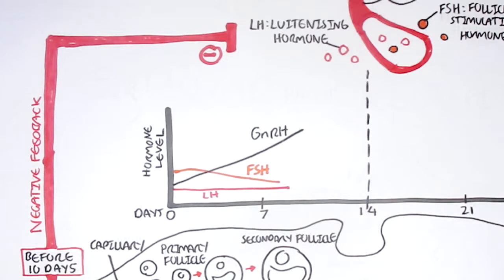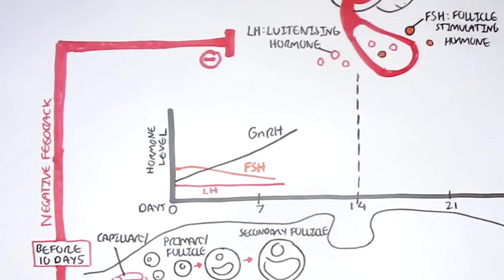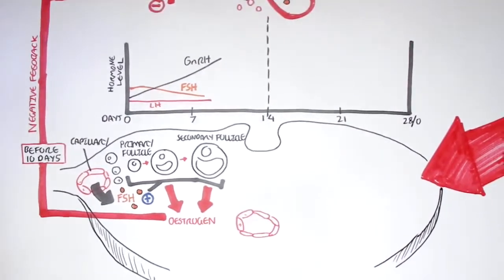Another fact is that follicle stimulating hormone is secreted primarily in response to low estrogen concentrations. So when estrogen levels rise, follicle stimulating hormone levels will fall. And that is why we see in the graph a steady drop in follicle stimulating hormone, because there's an increase in estrogen levels from the follicles.